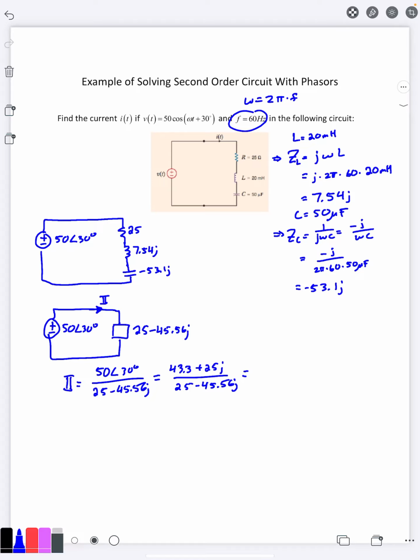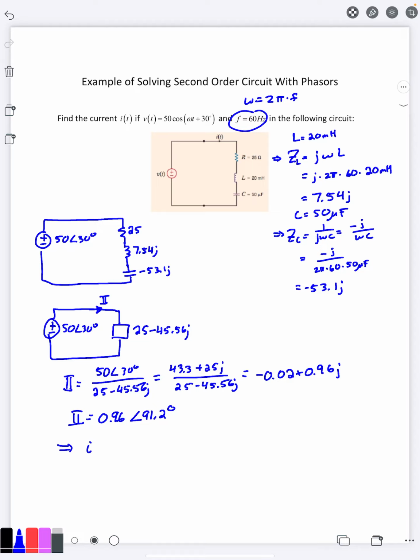We just type all that into the calculator, do our division here, and we get negative 0.02 plus 0.96j. Then we convert that back into polar form. So that means my phasor I is equal to 0.96 angle 91.2 degrees.